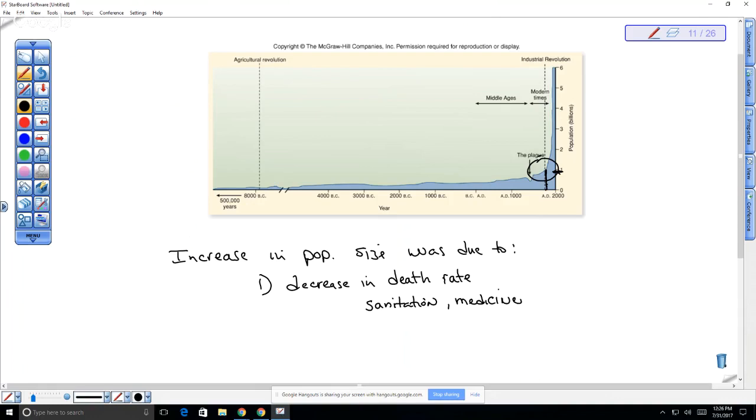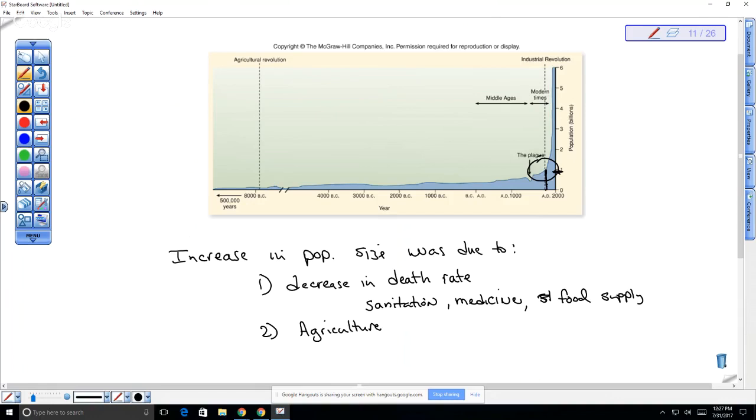We also have a decrease in starvation, right? Actually, food supply. Okay, so the other thing would have been agriculture.